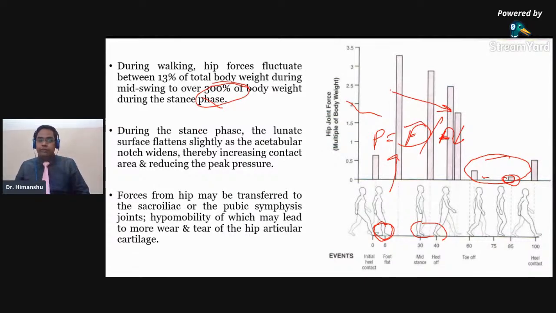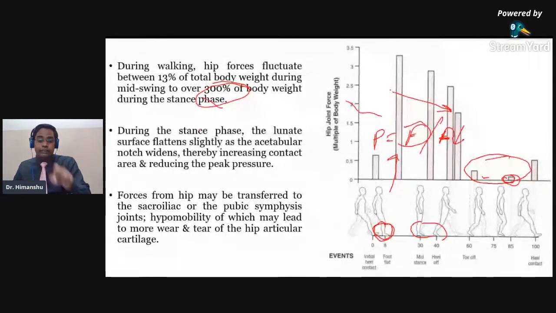The forces from the hip may be transferred to the adjoining joints also, that is the sacroiliac joint and the pubic symphysis. If these joints are incapable of absorbing or transferring forces, or if they are hypomobile, then more forces will accumulate and be absorbed at the hip joint only.